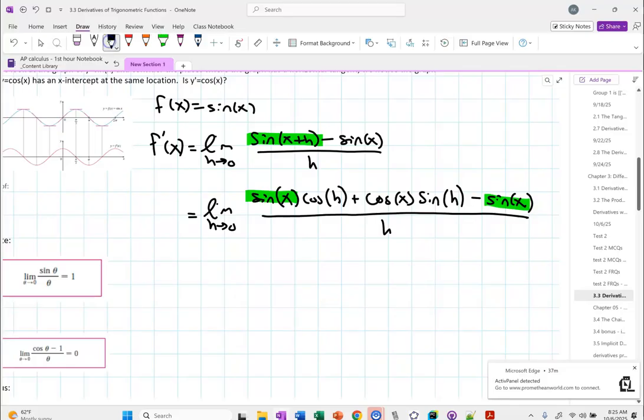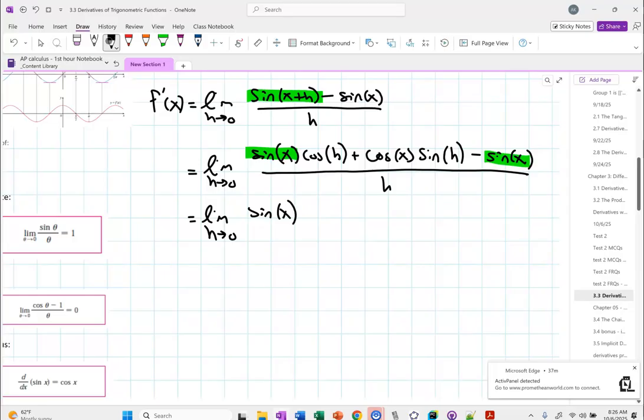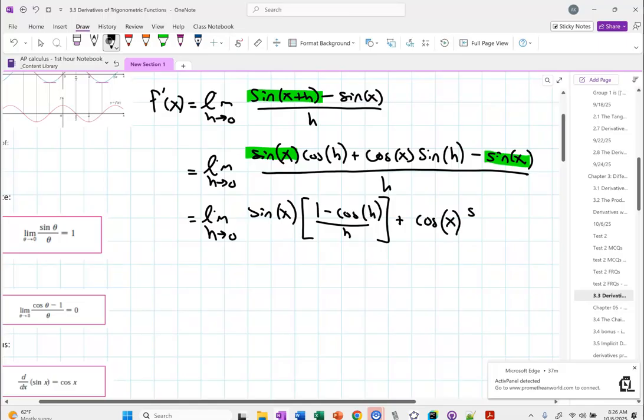So I'm going to group those together, and do a little rearranging there.